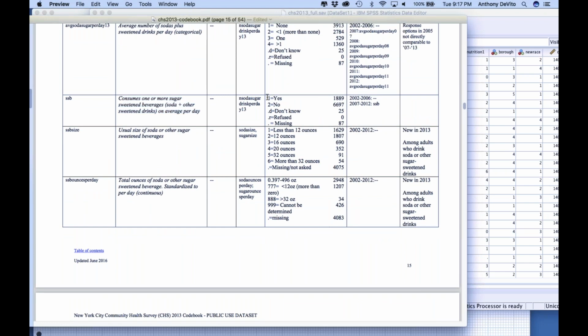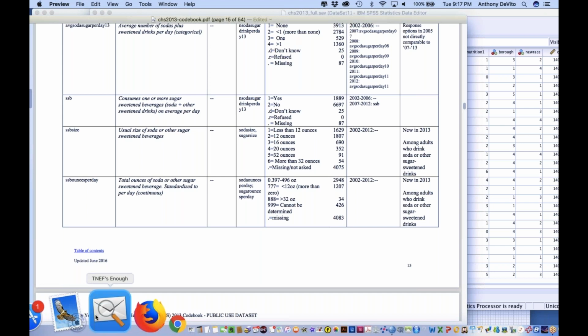One is yes, and two is no. I'm kind of surprised, because I thought Coke was selling a lot of Coca-Cola, but it doesn't look like many people want to admit to drinking it. So that one is SSB, and the question is, do you consume one or more sugary drinks? I'm going to grab that one also.